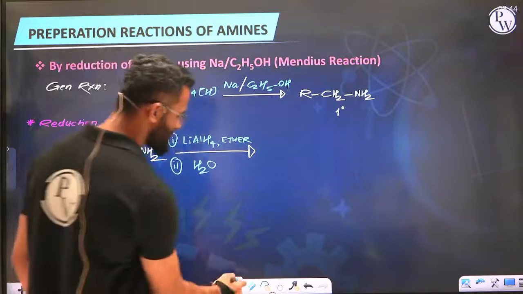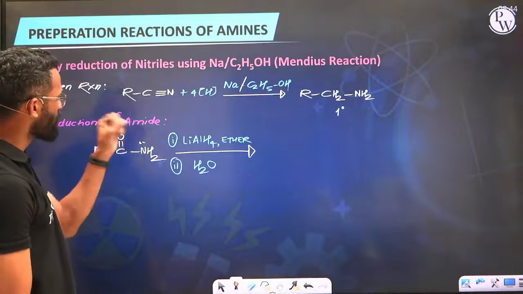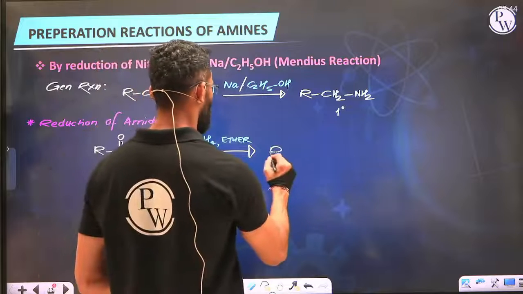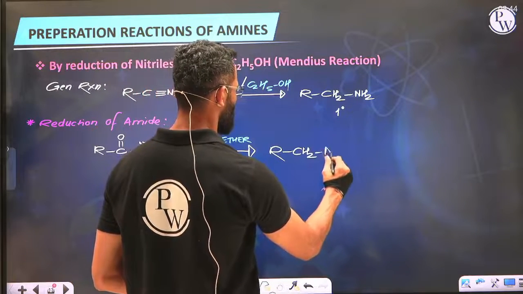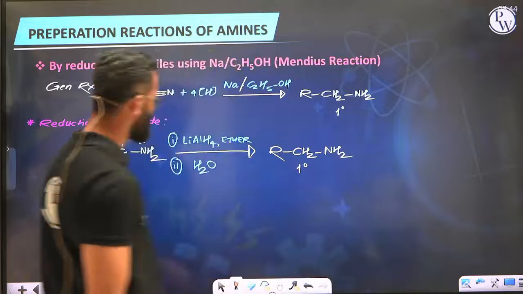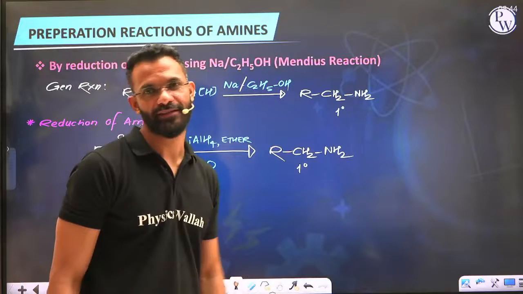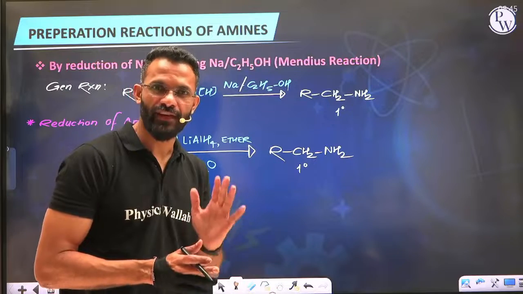As a reducing agent, simply consider it this way: this carbonyl oxygen will be removed, and instead of that you'll be getting 2 H's, so you'll be getting the product R CH2 NH2. Again, we don't have to really study the mechanism in detail. We will just remember this as a reducing agent. So lithium aluminum hydride reduces amide also into primary amine. So far we studied reduction of nitriles.